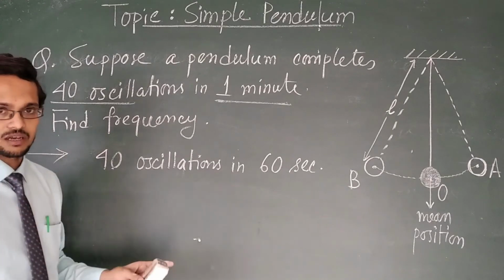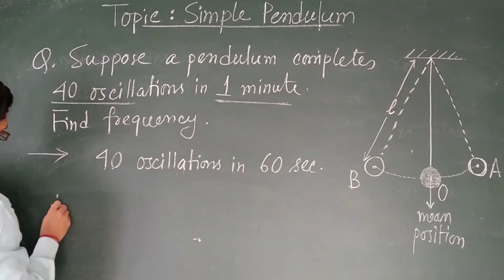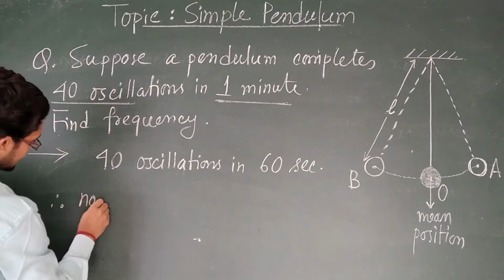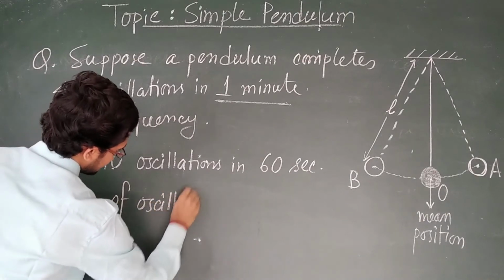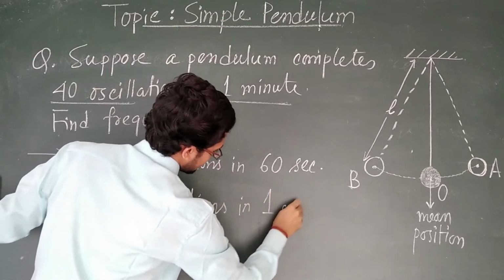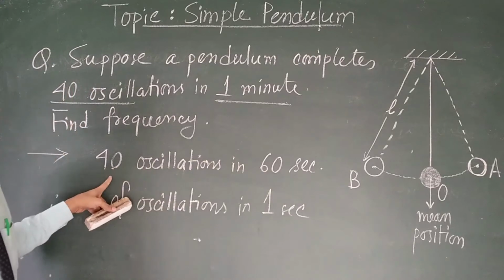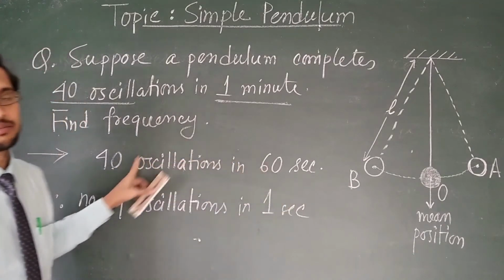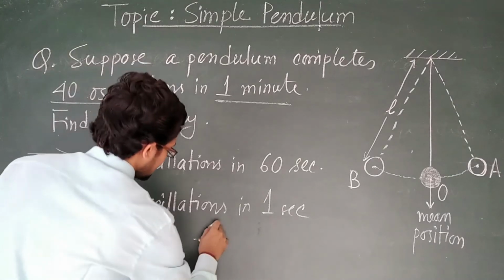That means the number of oscillations in 1 second. What will be the number of oscillations in 1 second? In 60 seconds, 40 oscillations. In 1 second, how much? 40 by 60.